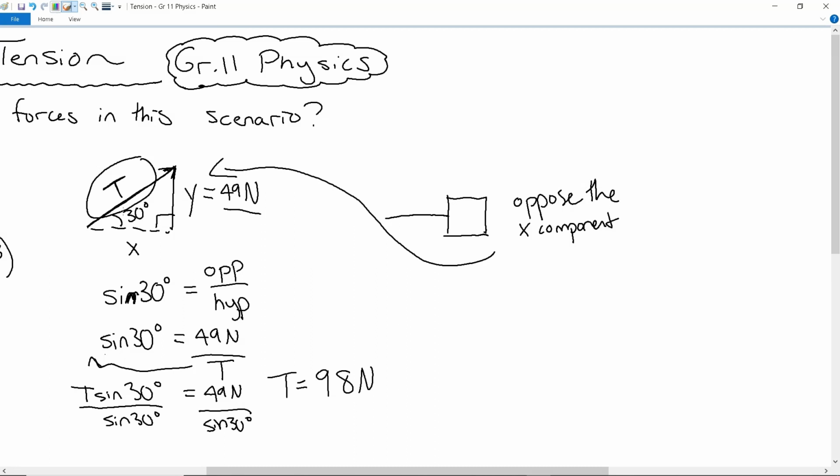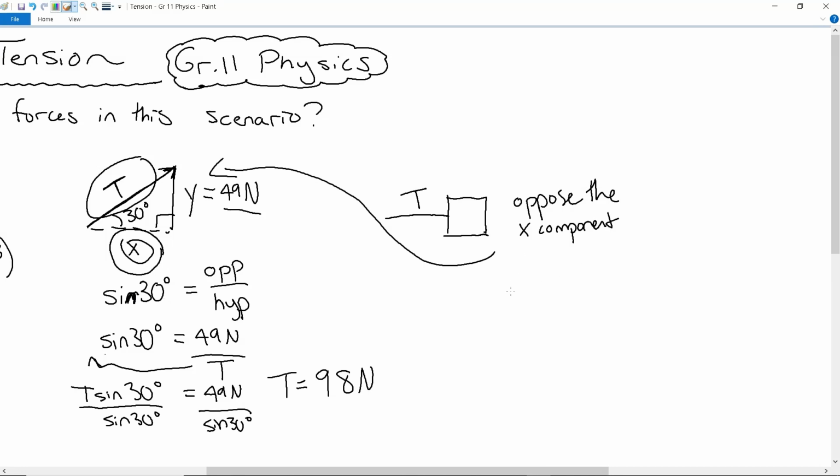Because if we had this rope on its own, the y component is taking out gravity, but then we've introduced an x component of force, which we need to oppose. So if we can solve for this value, we know that the tension in our second rope will be equal and opposite to this one.